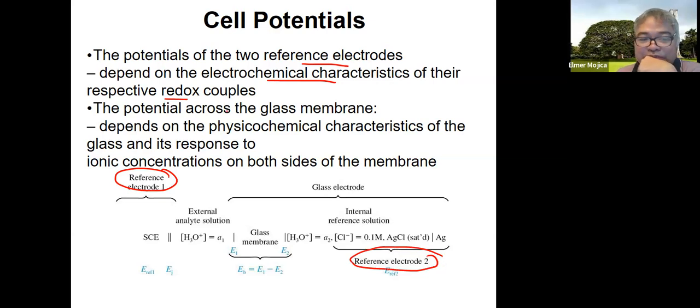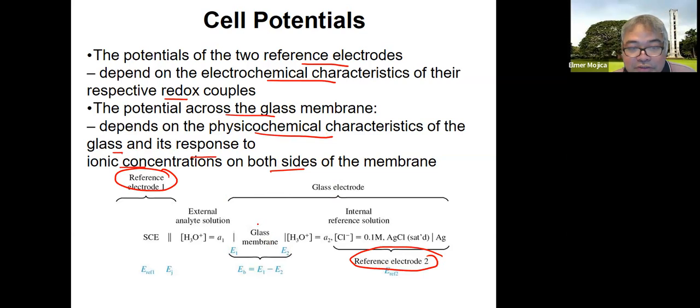And then you have the potential across the glass membrane. This depends on the physicochemical characteristic of glass and its response to the ionic concentration on both sides. So the one that happens in the redox is in the reference. The one that happens in your glass membrane is based on the physicochemical characteristics.